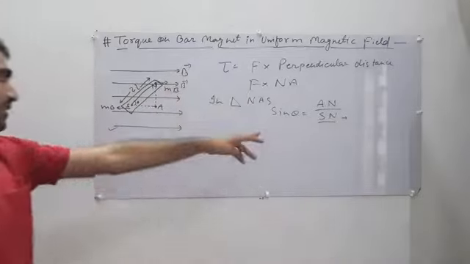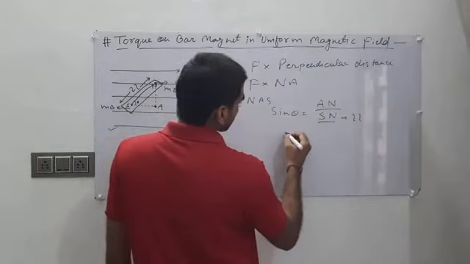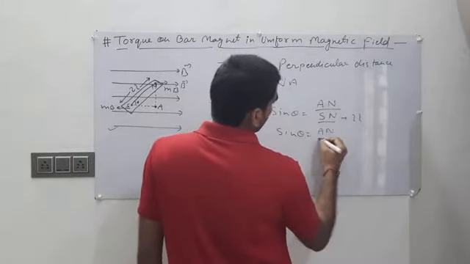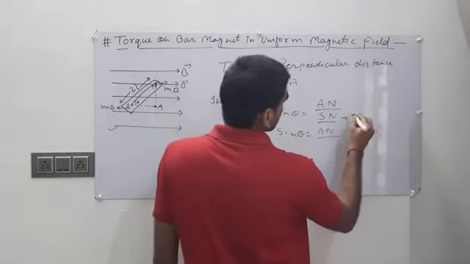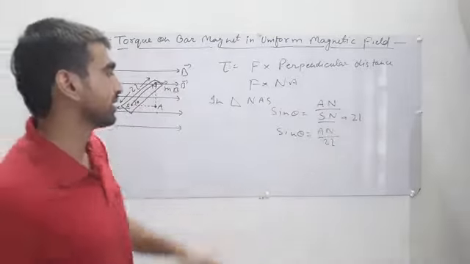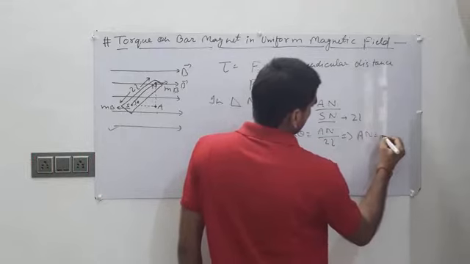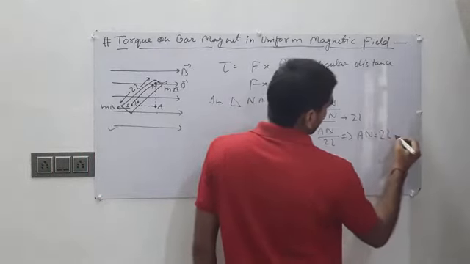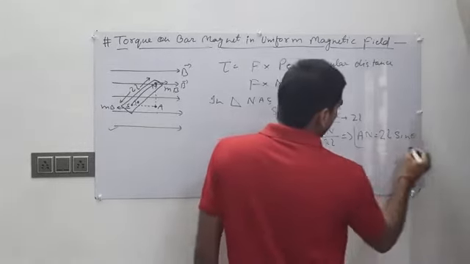The value of SN is 2L, we already mentioned. That means sine theta equals AN upon 2L. From here we can write AN as 2L sine theta. So this is the value of AN.